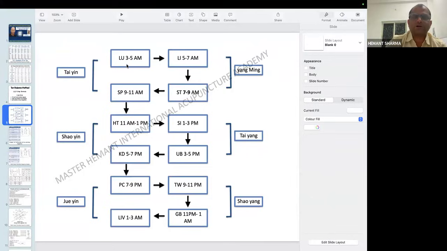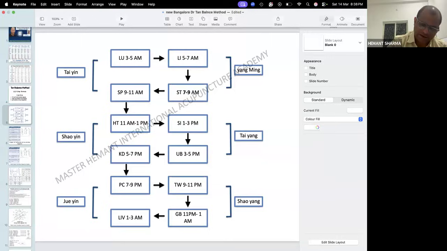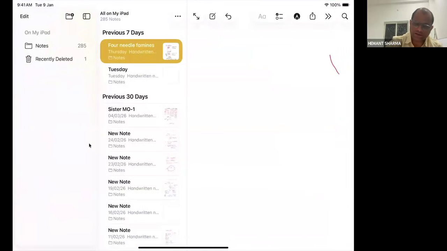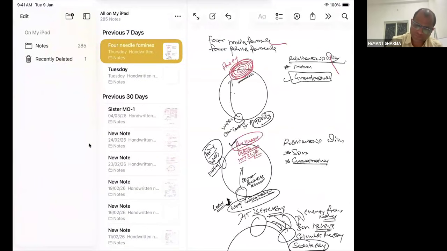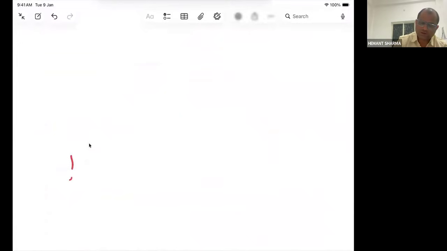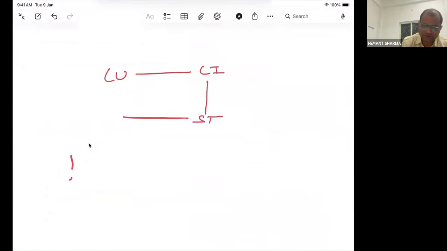First, we should understand the organ clock cycle. Okay, so please everyone draw this organ clock cycle quickly. Then we'll be moving ahead. So let's draw the organ clock cycle, which will help to understand the entire concept. I am drawing the organ clock cycle in this way. Lung, large intestine, stomach and spleen.